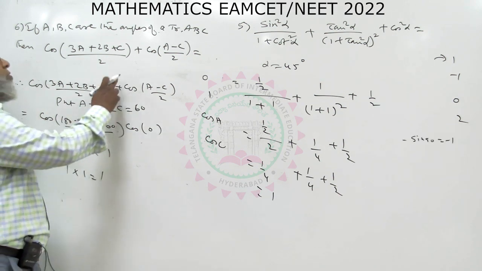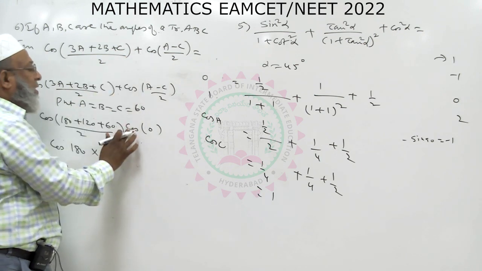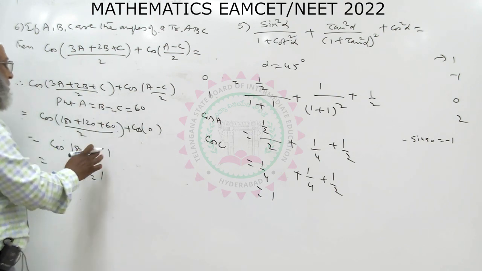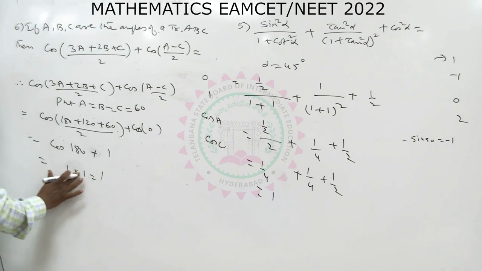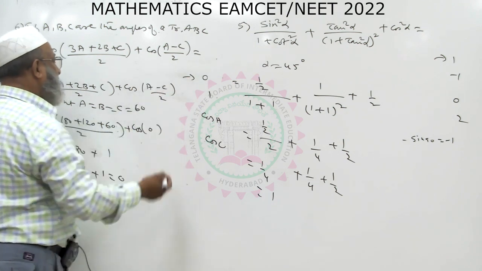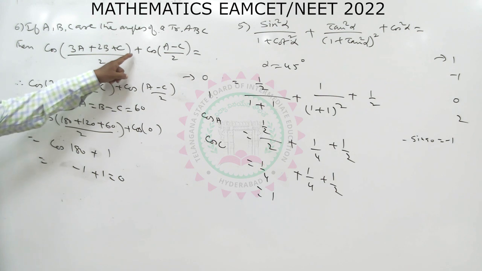Here also this should be plus, not minus. So cos 180 is equal to minus 1, plus 1. Therefore, the answer is 0. Is it clear? Here plus is there.